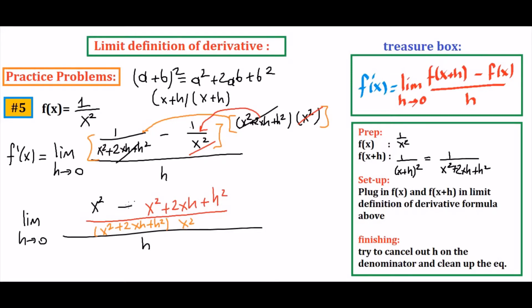Now we're going to distribute this negative sign into the second fraction we obtained here and then simplify.